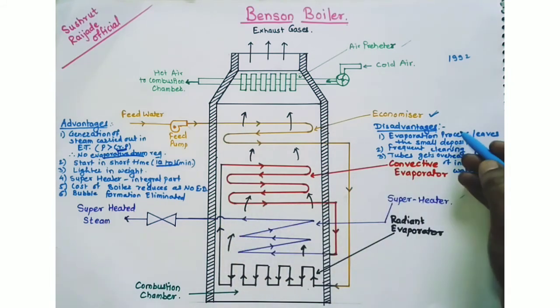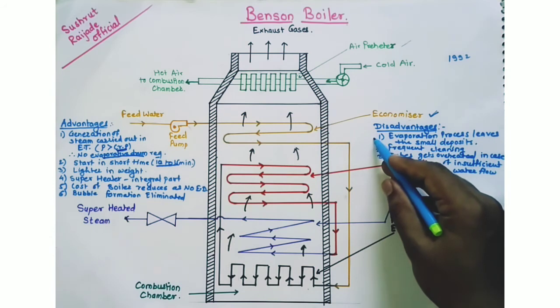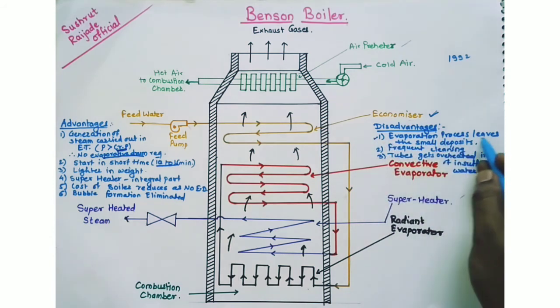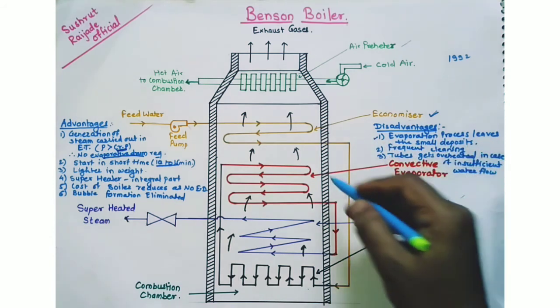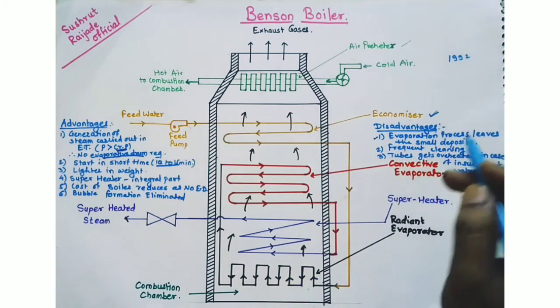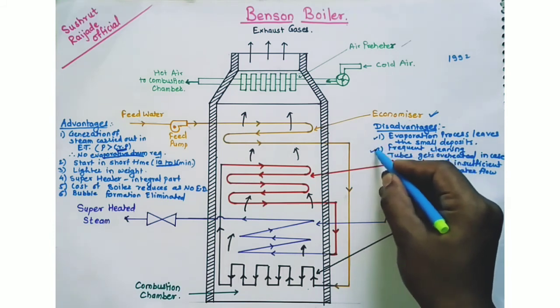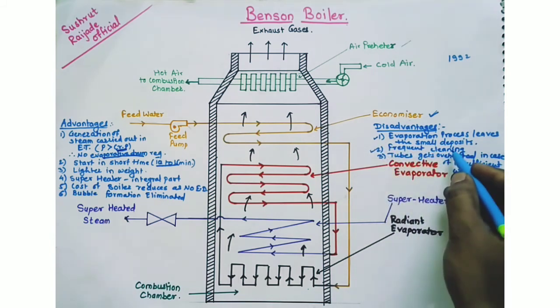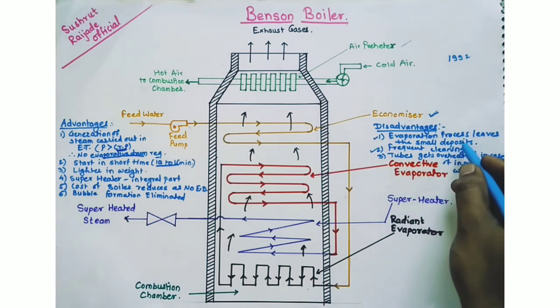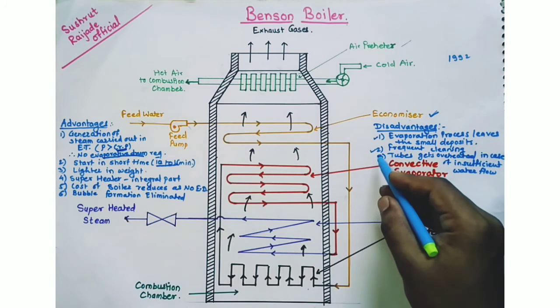Now what are the disadvantages of the Benson boiler? The first disadvantage is that the evaporation process leaves small deposits on the evaporative tubes, therefore the heat transfer rate reduces. The second disadvantage is that frequent cleaning is required due to the small deposits present in the evaporative tubes.